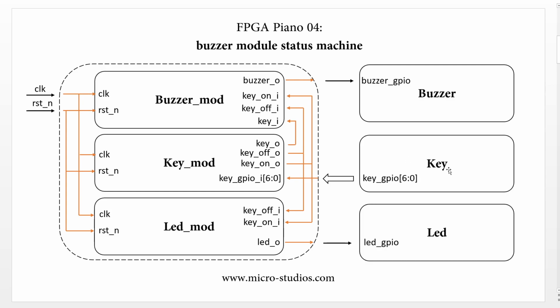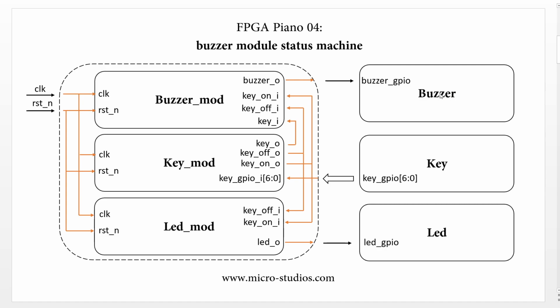So when we press the different keys here, this module will generate different frequencies on this pin. Okay. So when the buzzer accepts the different frequency wave, then it will generate different sounds.